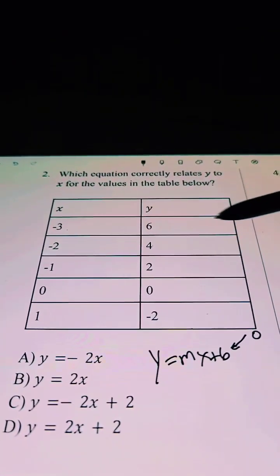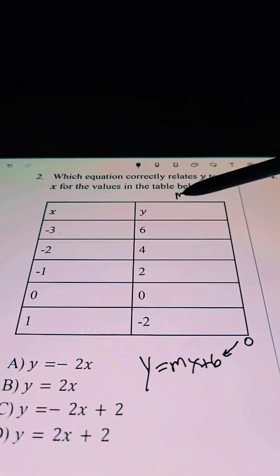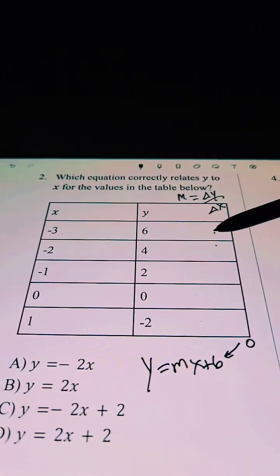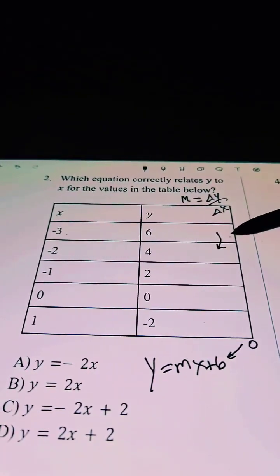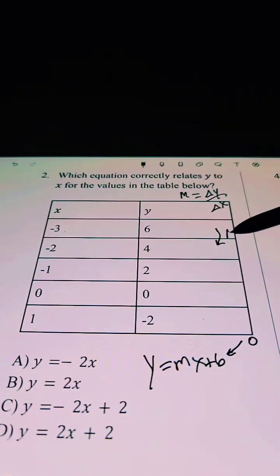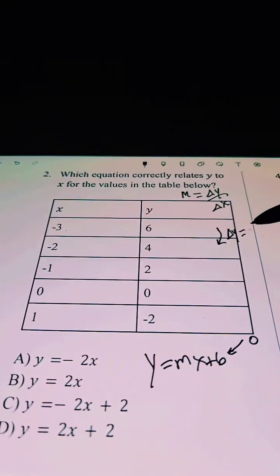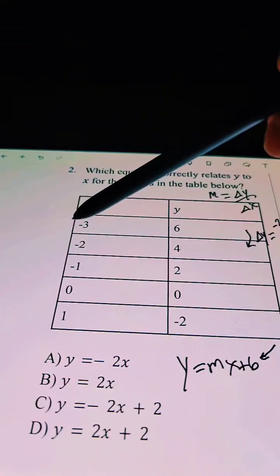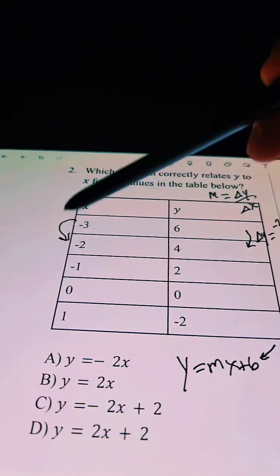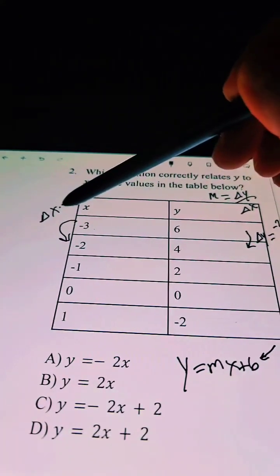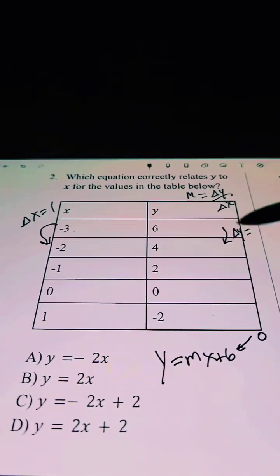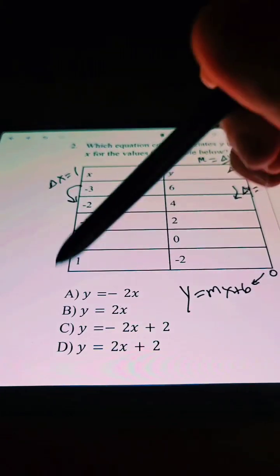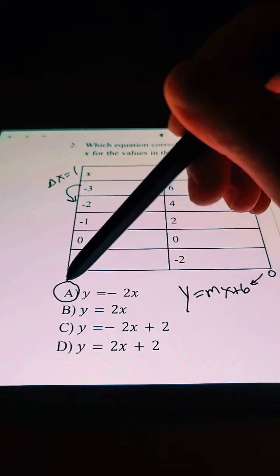Remember, slope is the change in y over the change in x. So if I'm going from 6 to 4, that's my change in y, and that's going down 2. And when I go from -3 to -2, that's my change in x, and that's going up by 1. So -2 over +1, so the slope should be -2. So it has to be answer choice A.